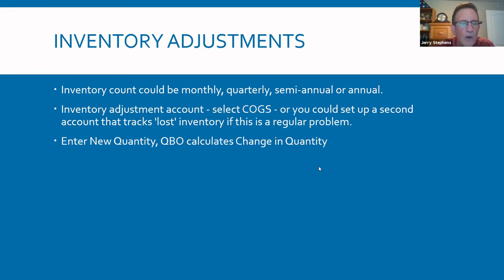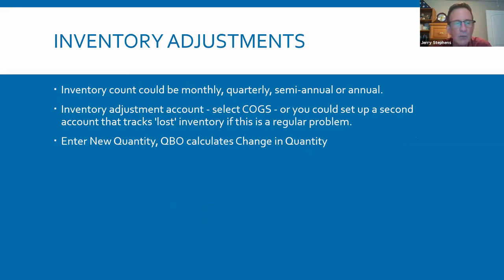You also will want to do some kind of inventory count at some point, whether that be monthly, quarterly, semi-annual, or annual. And so you're going to need to adjust inventory if your actual inventory doesn't match what's on the QuickBooks side.